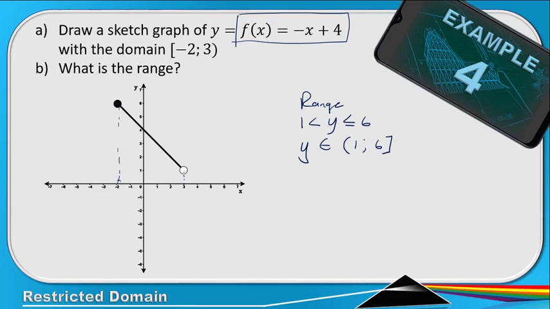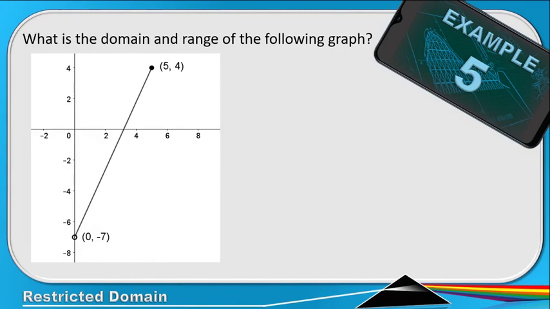Right, then for example 5, what is the domain and range of the following graph? So this is basically the same as the previous one, where for the domain, we know that is our x values, and we can write it in one of two ways. So x starts at 0 and it goes up to 5.